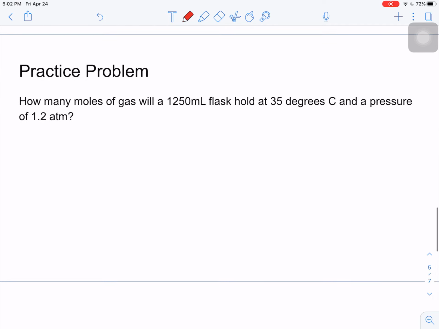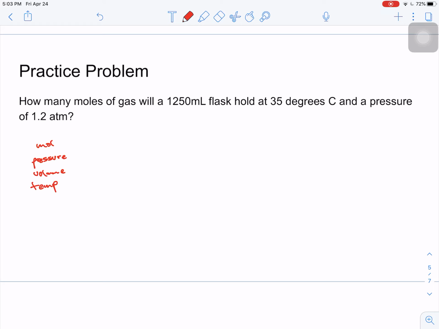So our practice problem is how many moles of a gas will a 1,250 milliliter flask hold at 35 degrees Celsius and a pressure of 1.2 atmospheric. So if you have a problem, the first way you want to look and decide if you're using the ideal gas law is if you have all four different variables. So if you have moles, if you have pressure, volume, and temp.